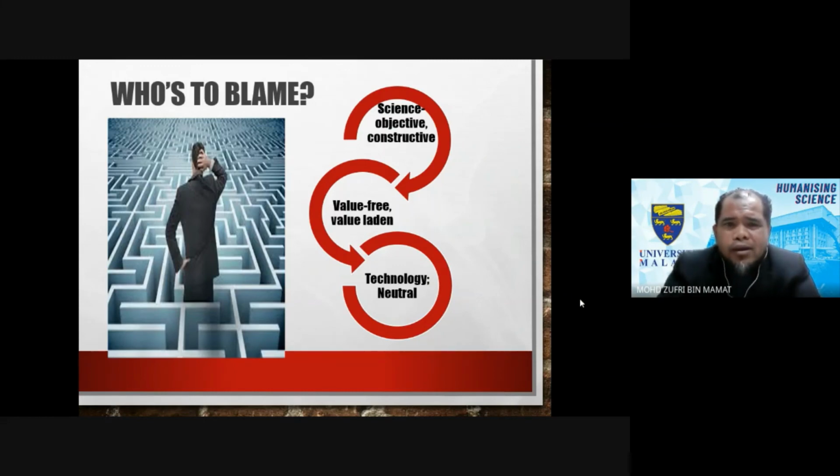And we know science is value free, or value laden, and then maybe some of us think that technology is neutral. So this is a very big question, a very big discussion actually, and I think it's a very interesting question to be tackled, discussed and solved.